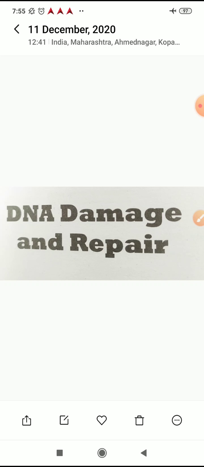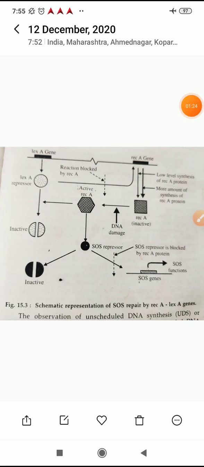So how it happens in eukaryotic cells as well as prokaryotic cells, that we will see with the help of some of the theories. So first theory is SOS repair, or also called as a recombinational repair. And another name for this theory is error prone repair.